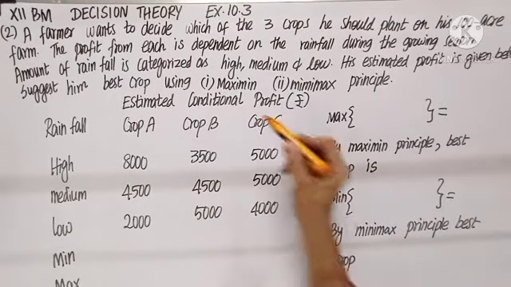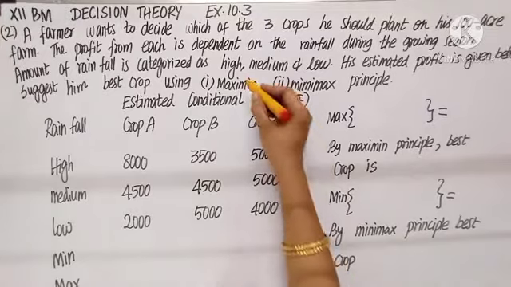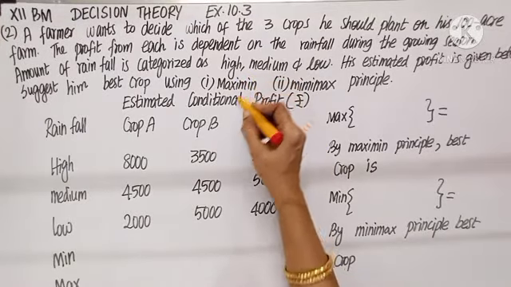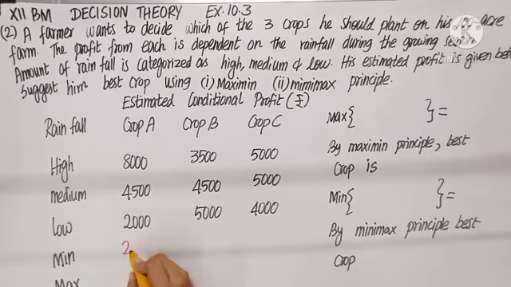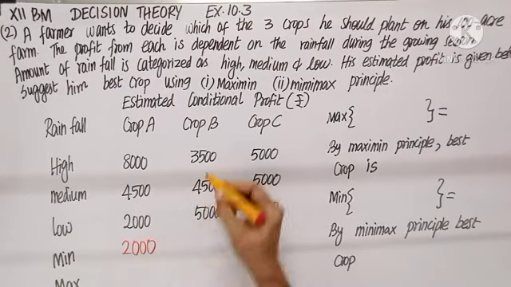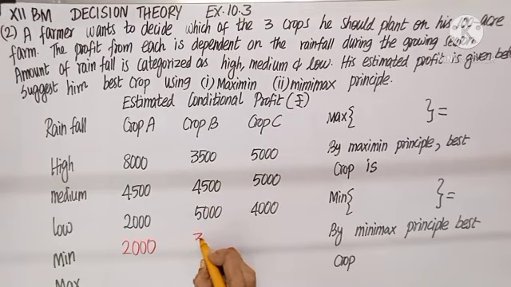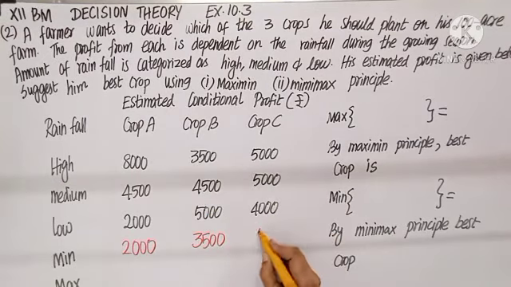The very first is maximin principle. Choose the minimum. So, minimum of the 3 is 2000. Minimum of these 3, 3500. And minimum of these 3, 4000.